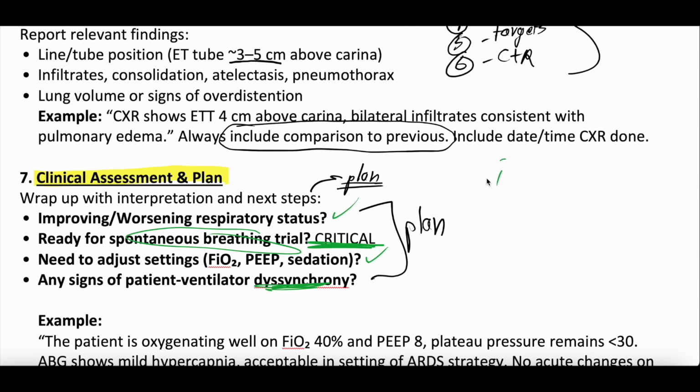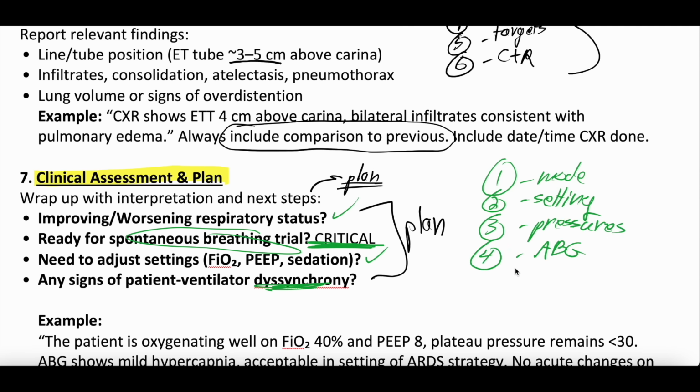So if we are going to connect step 1, which was mode, step 2, which was settings, step 3, which was pressures, step 4, which was ABG, step 5, which was are we hitting our goals, step 6, which was chest x-ray, and step 7, which was clinical assessment, which is usually in the plan.